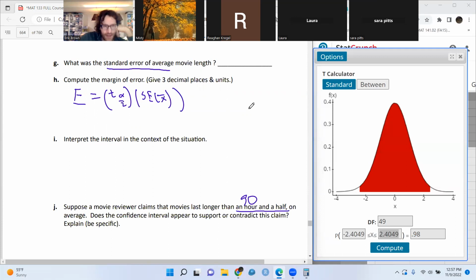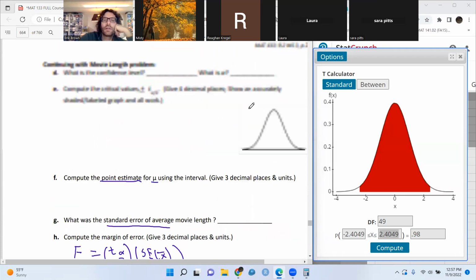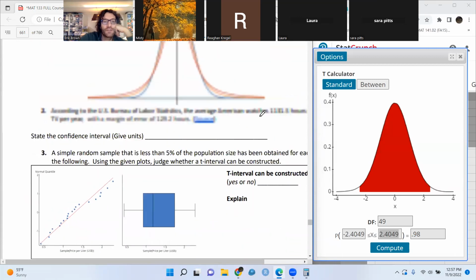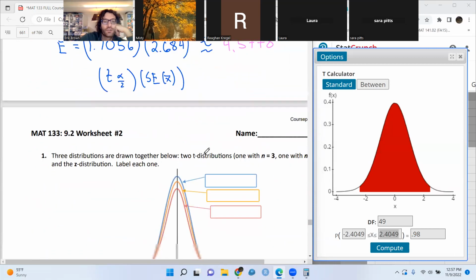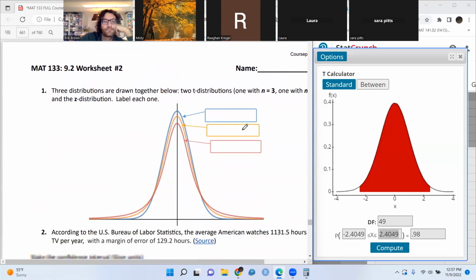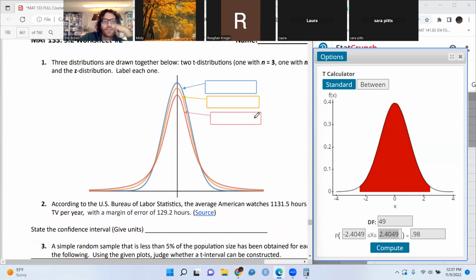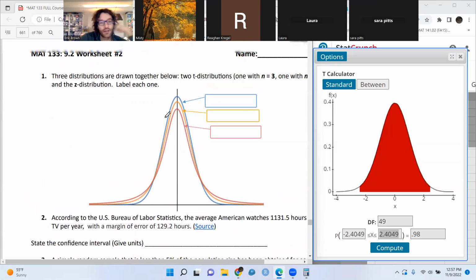Okay, what do you all think? Do you think I should demand that you work through this 9-2 worksheet, number 2, and turn it in? How's everyone feeling about my stat lab? Oh, so Reagan, you think I should assign this?